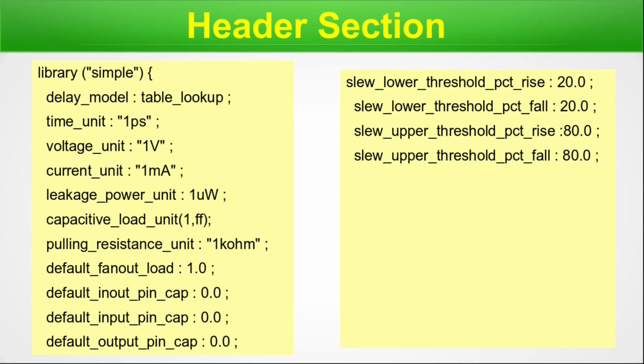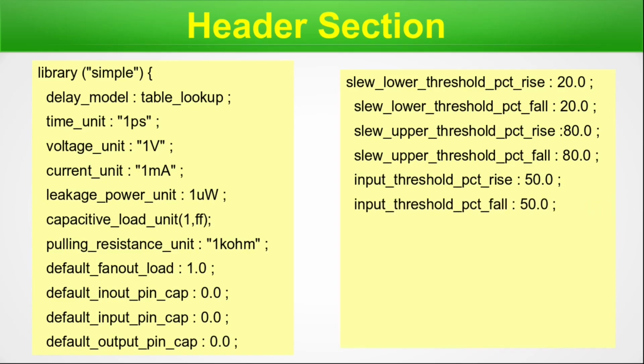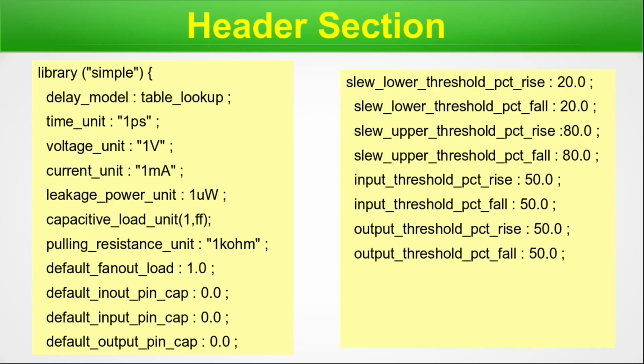So in these four lines we have just explained the thresholds, that is 20 and 80 in the slew. Input threshold PCT rise 50.0, input threshold PCT fall 50.0, output threshold PCT rise 50.0, output threshold PCT fall 50.0.